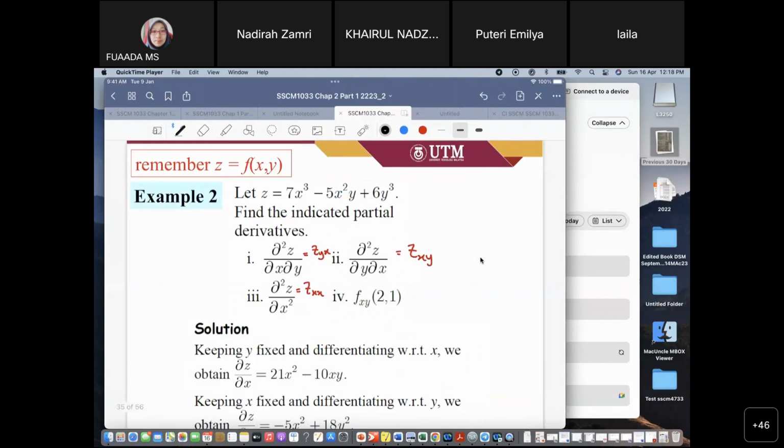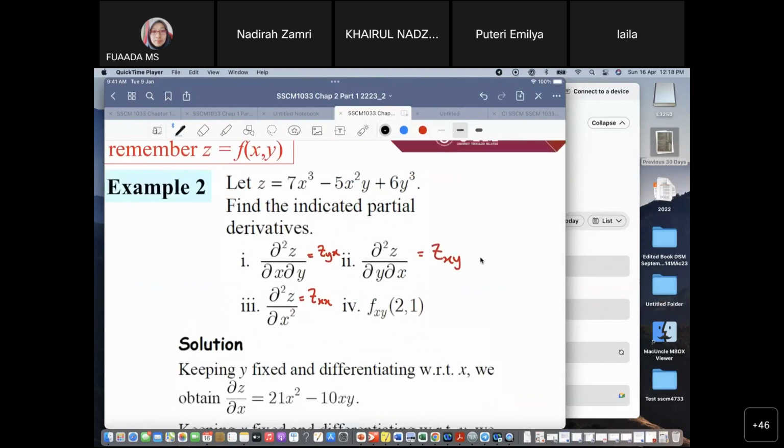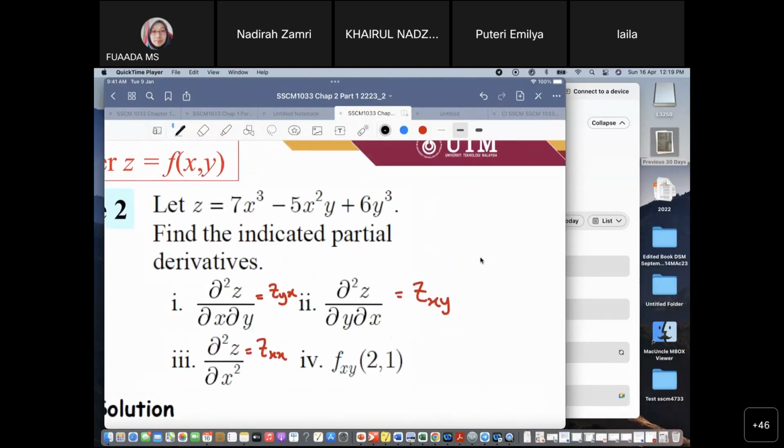Okay, we look at the computation regarding the second order derivatives. Look at this one. Here z is defined as a two variable function.